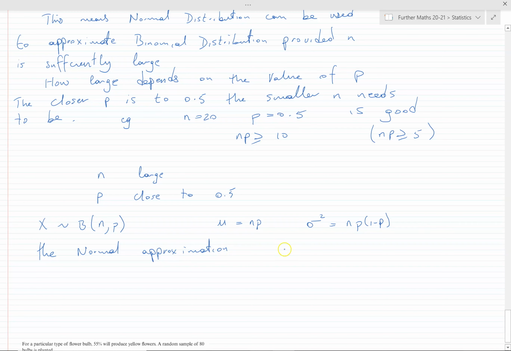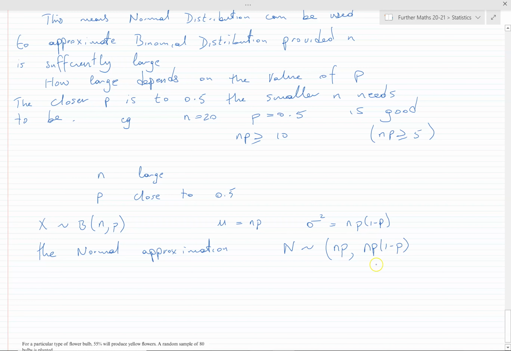would be normal with mean np and standard deviation the square root of np(1 minus p).